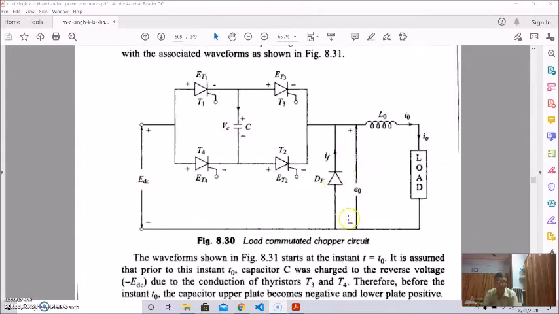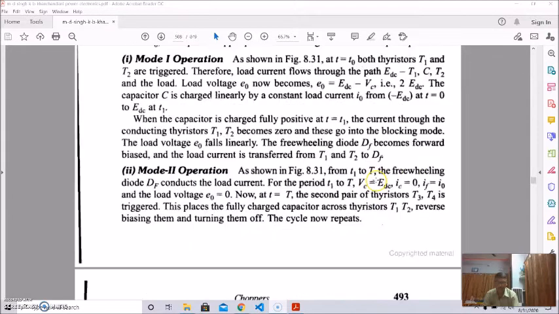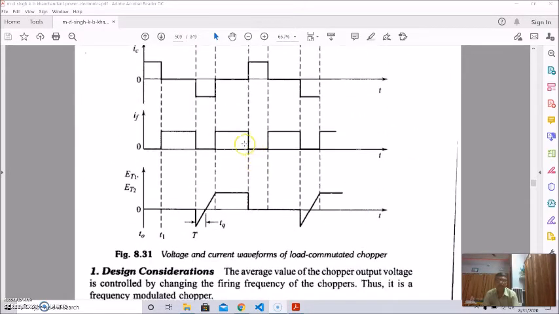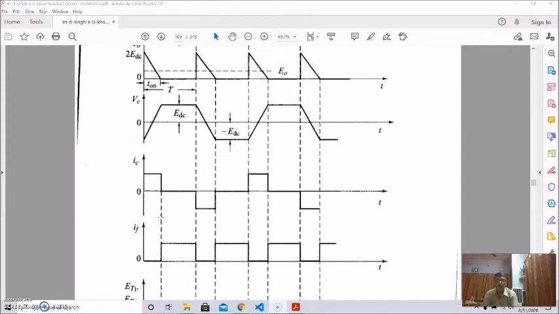The capacitor C is charged linearly by a constant load current I0, from minus EDC at t equal to t0 to EDC at t equal to t1. This is shown from t0 to t1, minus EDC to EDC.